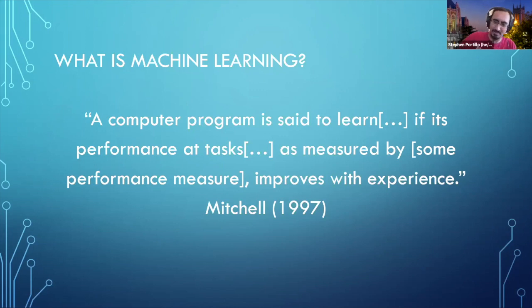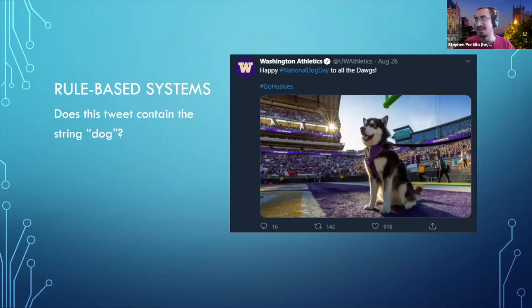And to unpack it, I'll enlist the help of the University of Washington's animal mascot, Dubs, an Alaskan Malamute. So here's a recent tweet from one of the University of Washington accounts about Dubs. Let's say I'm interested in finding different tweets that contain the string dog.